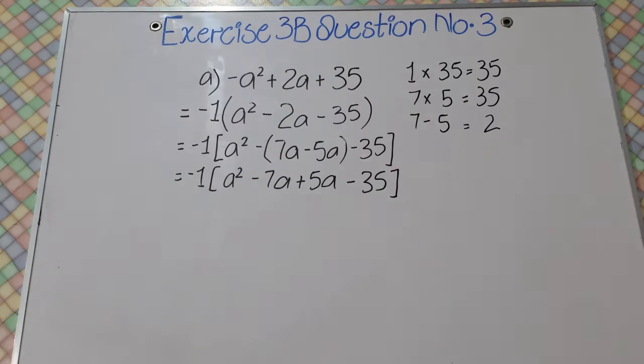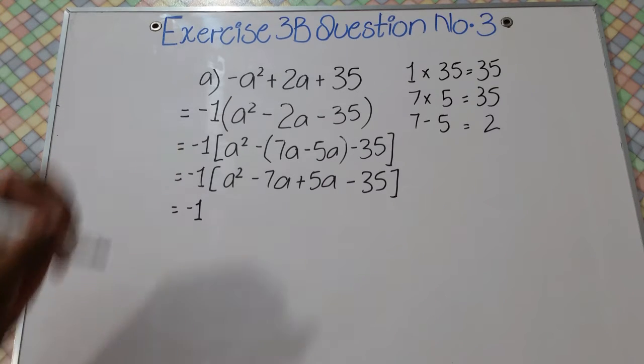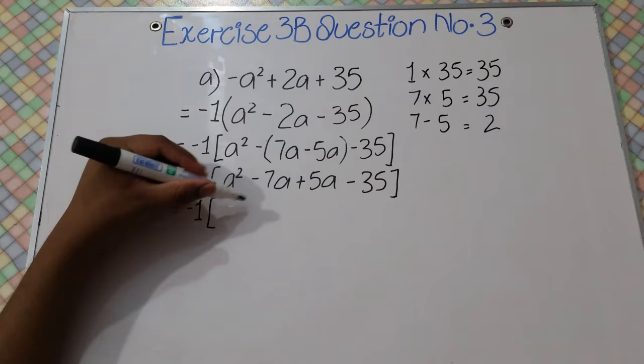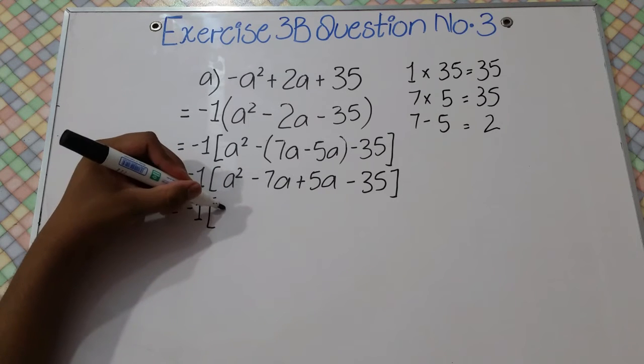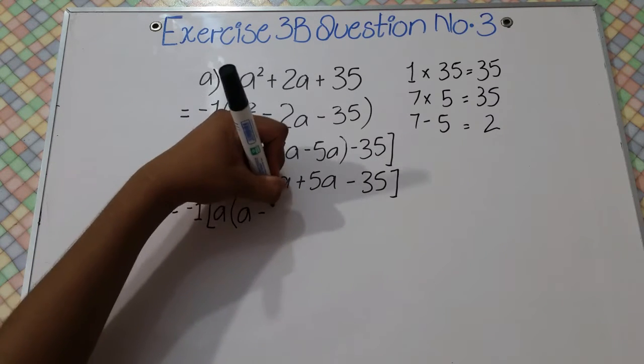So now we have found out the middle term, so I'm going to make the brackets, minus 1, then over here in this expression A is common, so A and A minus 7.